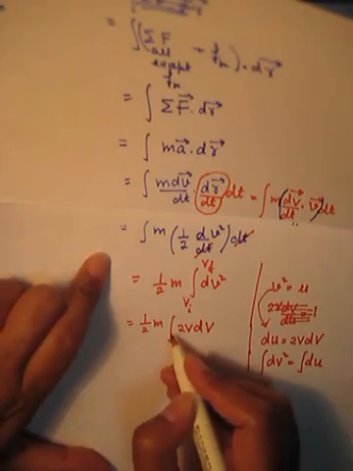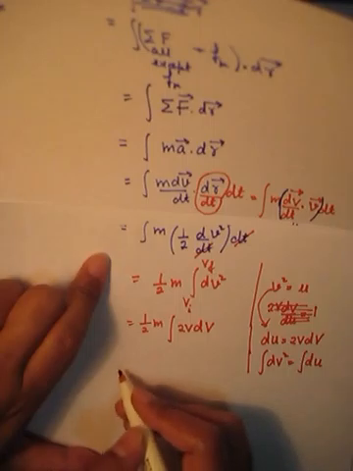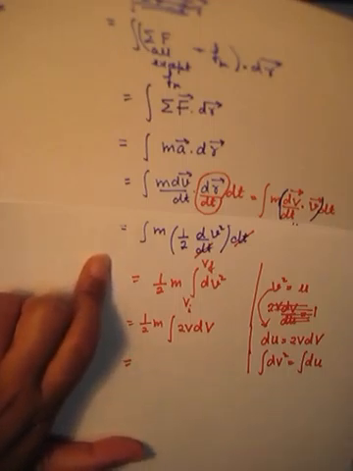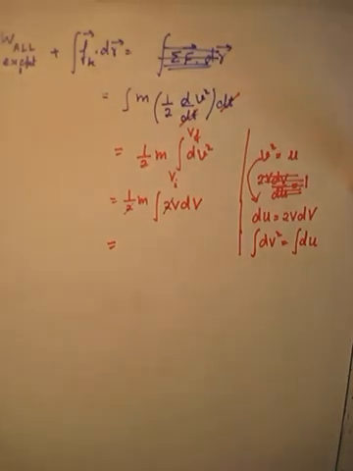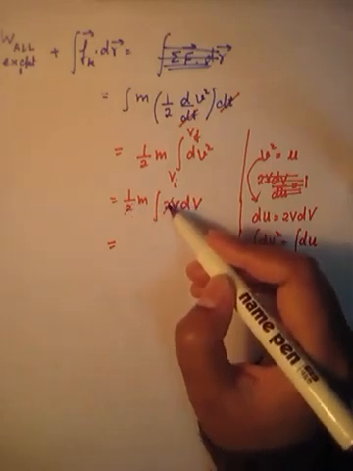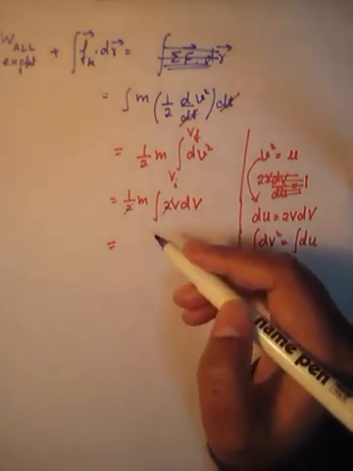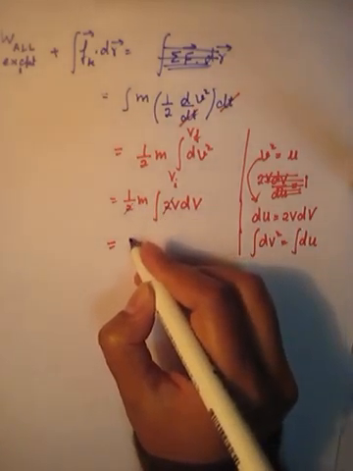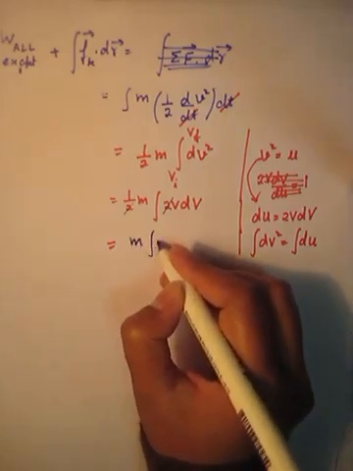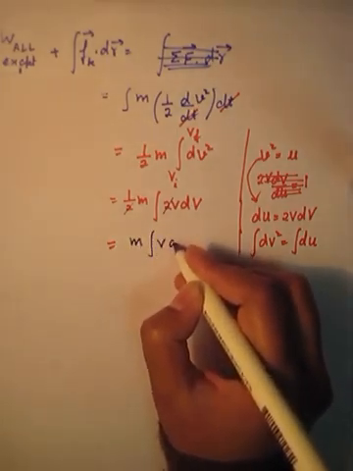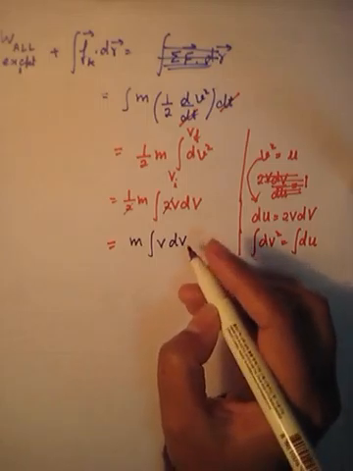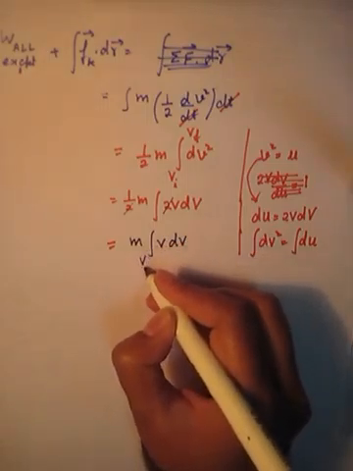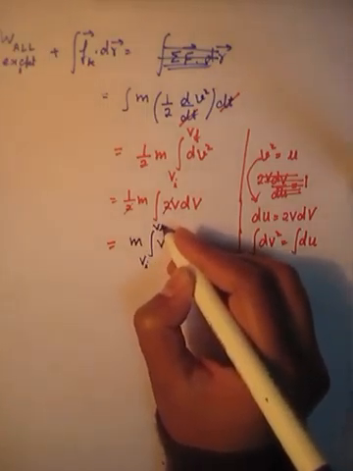So Vi, and it is integrating from Vi to Vf, so 2 will cancel with 2, and what we are left with is m integral of V dV, where V is changing from Vi to Vf.